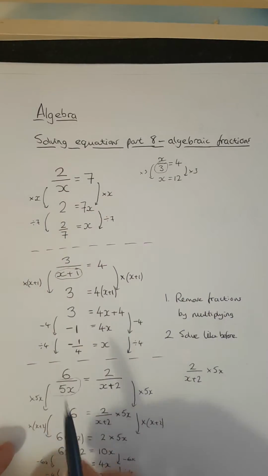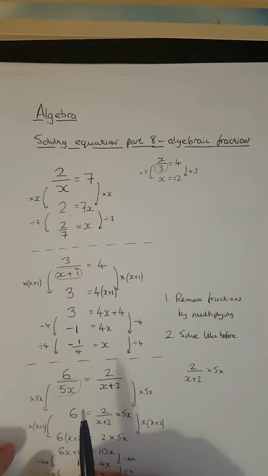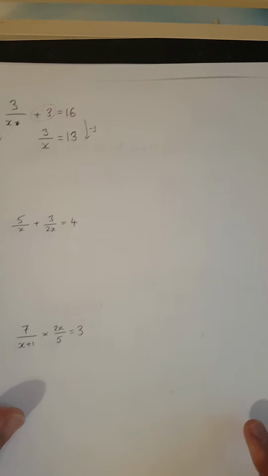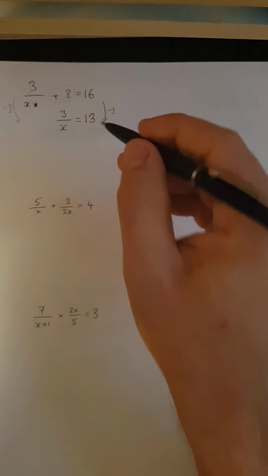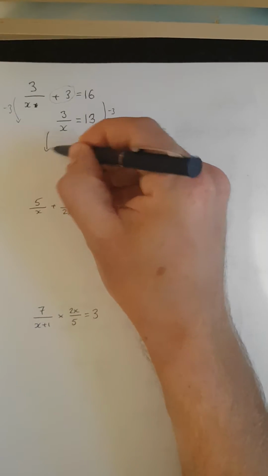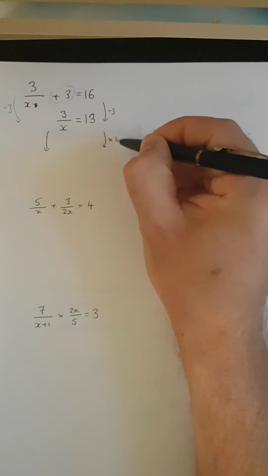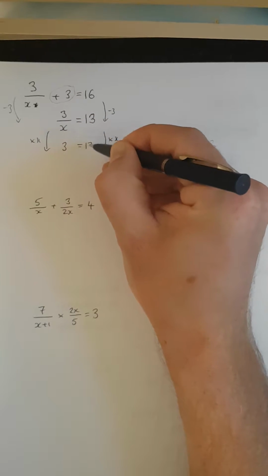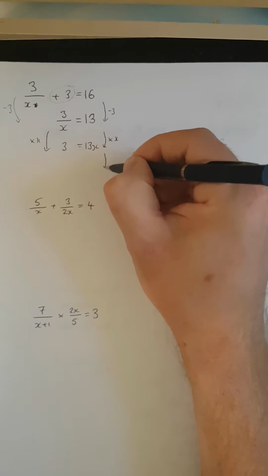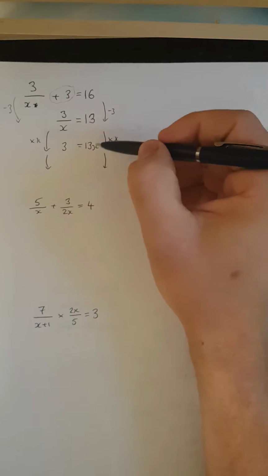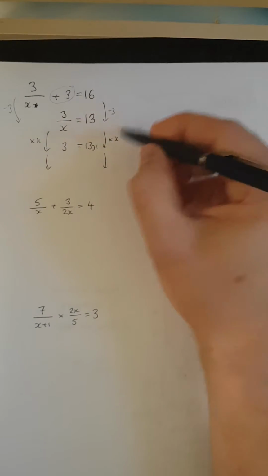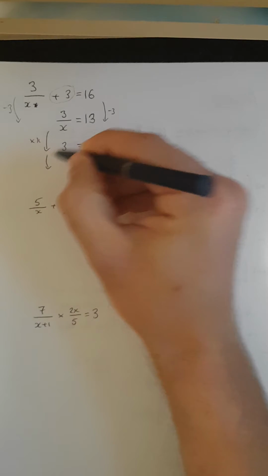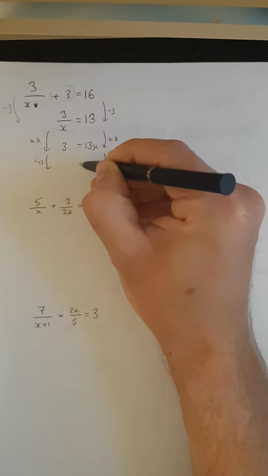Pause now if you need to read this for longer. So, multiply both sides to get rid of the fraction. Have a look at the situation now. X has been multiplied by 13, so I divide by 13.